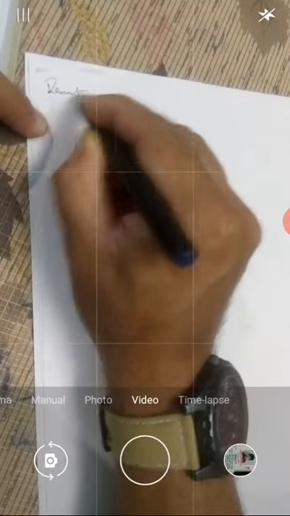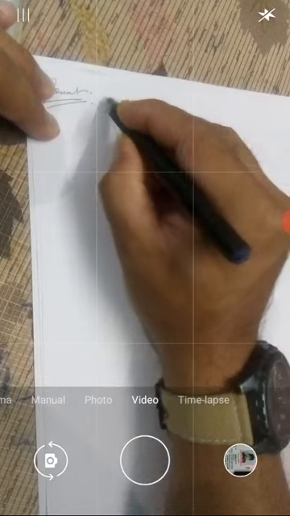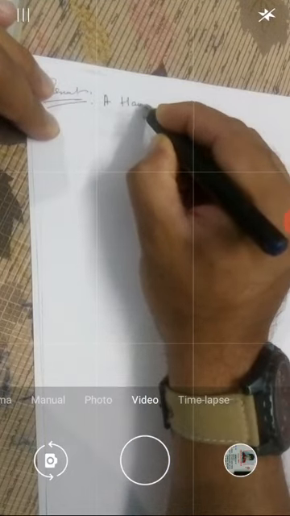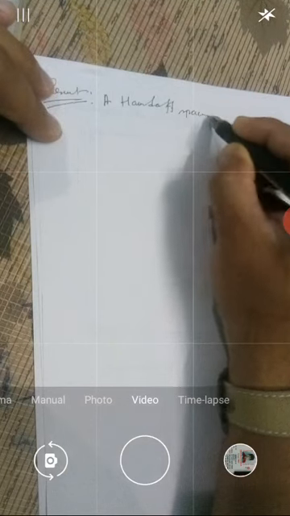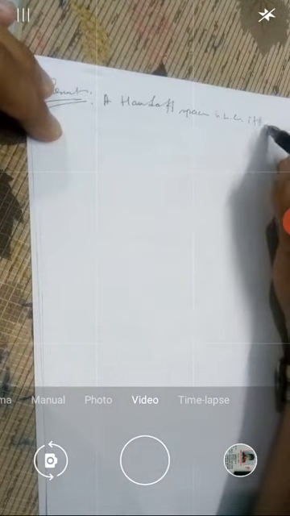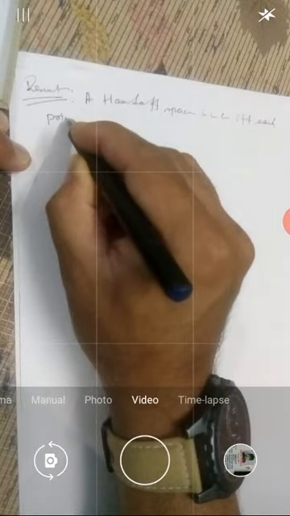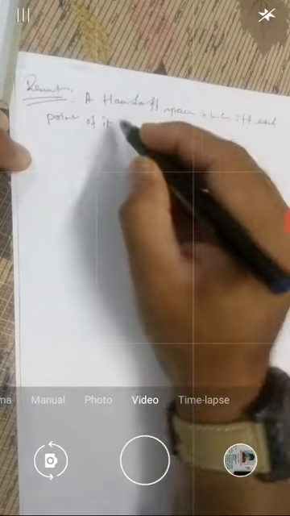So the result is this. This is an important result. A Hausdorff space, Hausdorff means T2, is locally compact if and only if each point of it has a compact neighborhood.